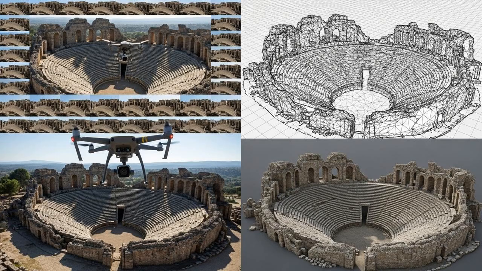It first analyzes the images, automatically identifying common points and features across the photos. Then, it triangulates these points in 3D space to generate a detailed mesh, which is like a digital wireframe skeleton. The real magic happens when the original photographs are projected onto this mesh, creating a photorealistic, textured 3D model.